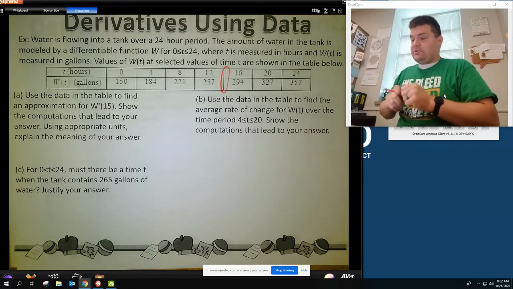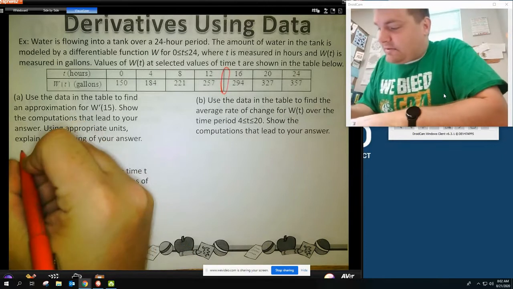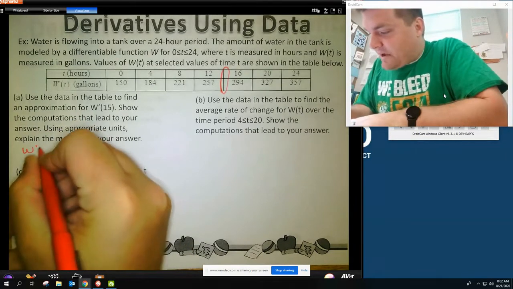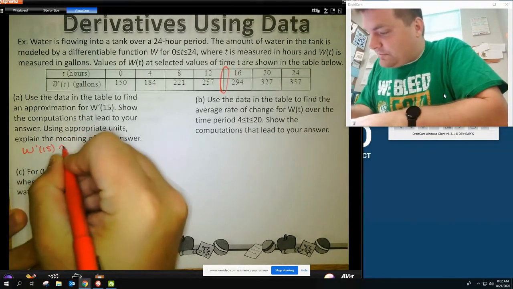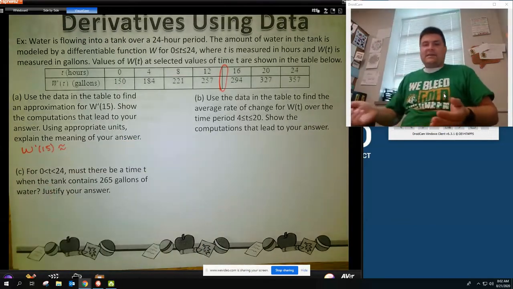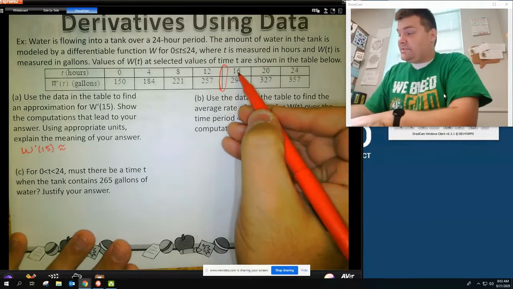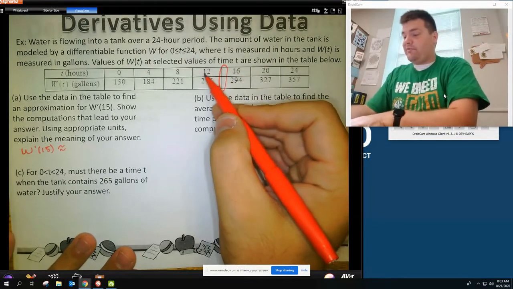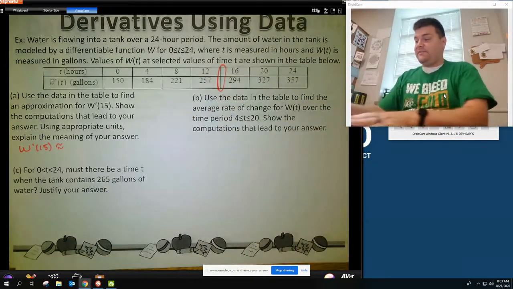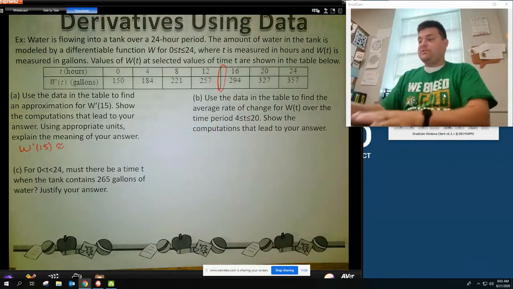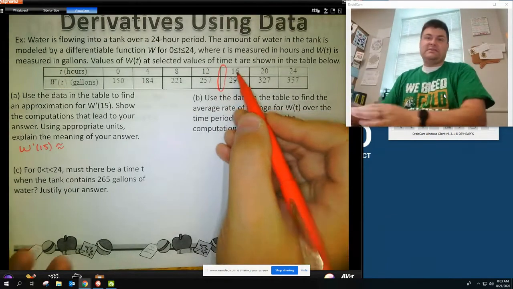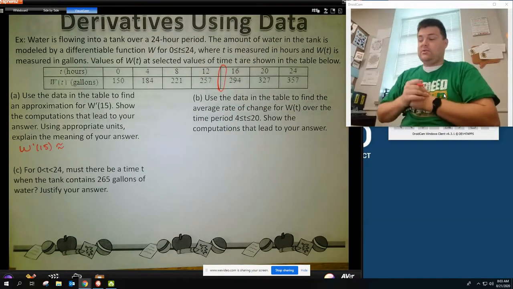So W prime of 15 is approximately the rise over run. We're going to be using the t equals 16 value and the t equals 12 value because 15 is somewhere in between there. So if I find the slope of this secant, it's approximating what the tangent is going to be.